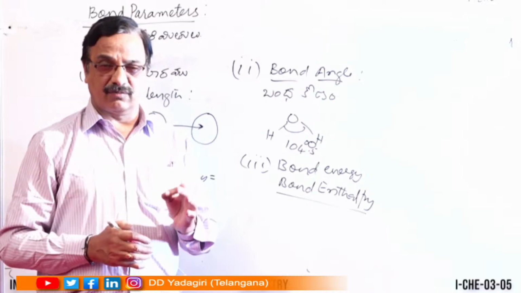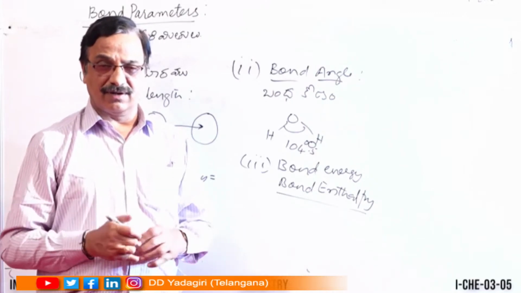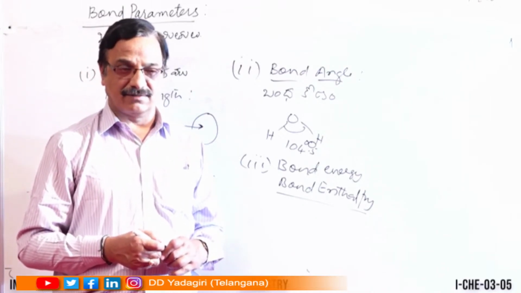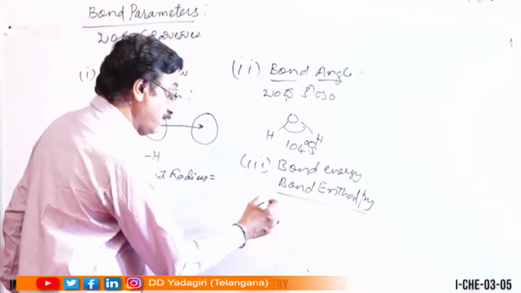Amount of energy required to break 1 mole bonds and separate them into different atoms. For example, the hydrogen molecule, if we break it, right, 435.5 kilojoules of energy is required.